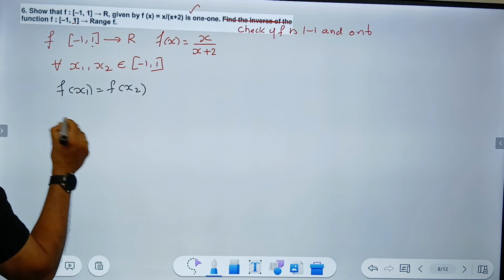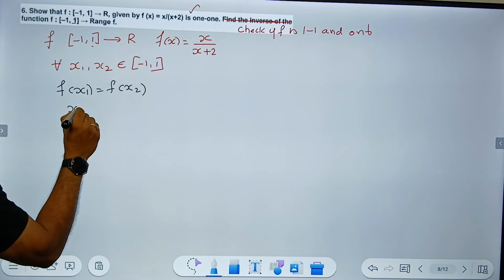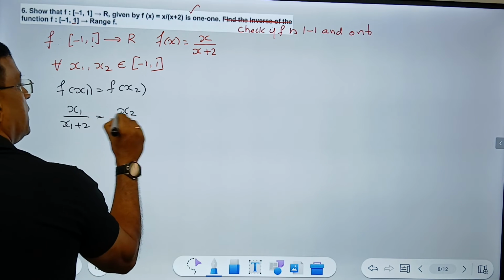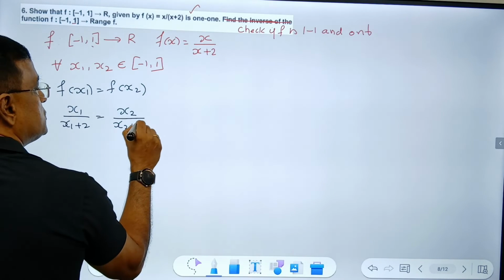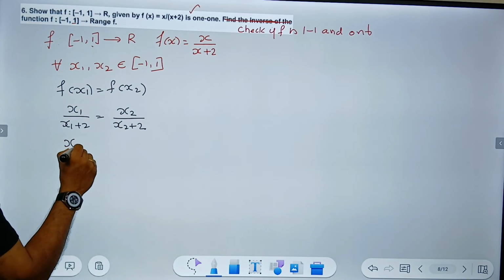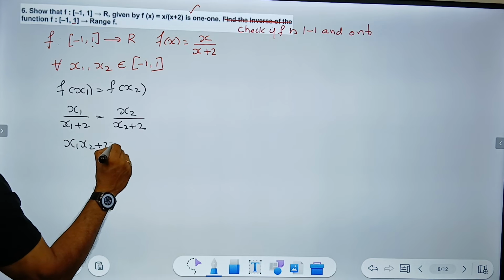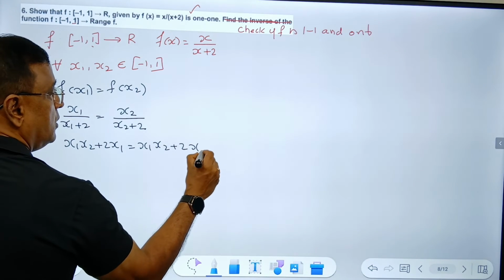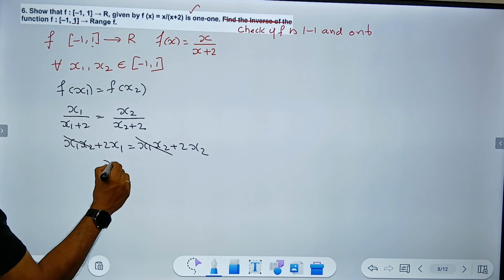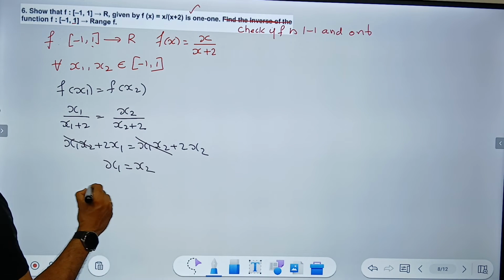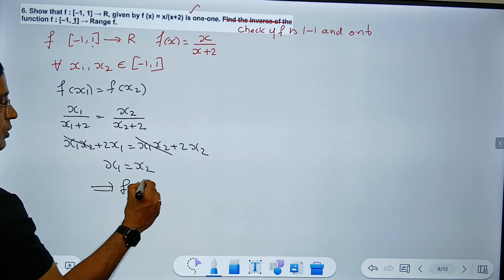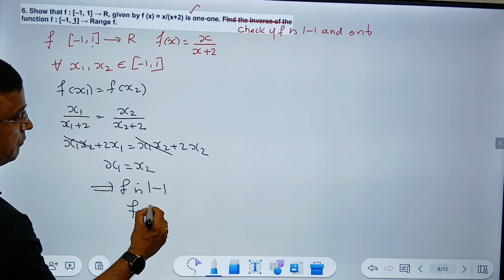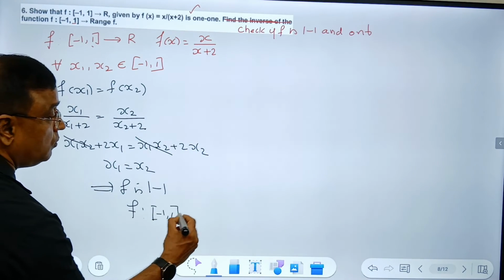So clearly what happens? x1 by x1 plus 2 equal to x2 by x2 plus 2. Cross multiply: x1 x2 plus 2x1 equal to x1 x2 plus 2x2. So x1 x2 cancels, you get x1 equal to x2. This implies f is 1 to 1 from -1, 1 to R.